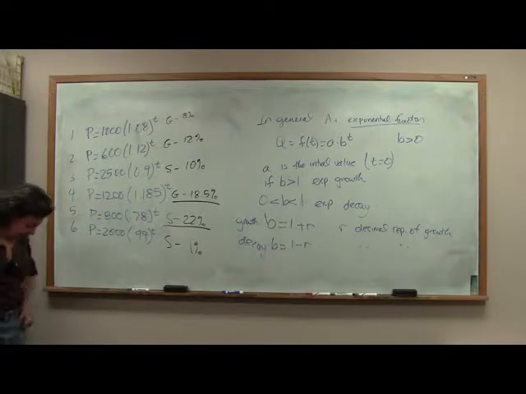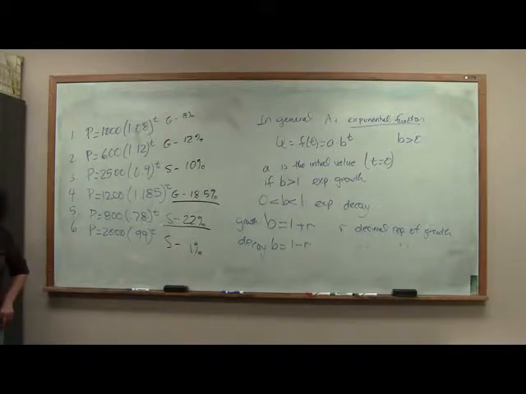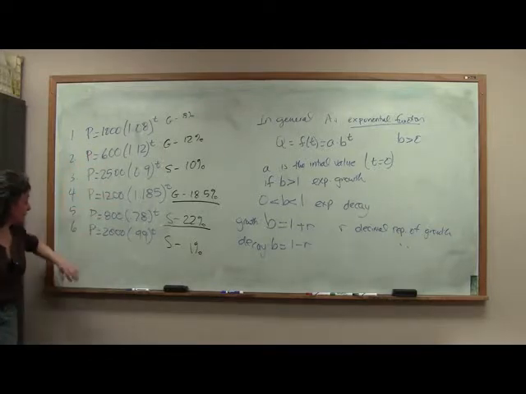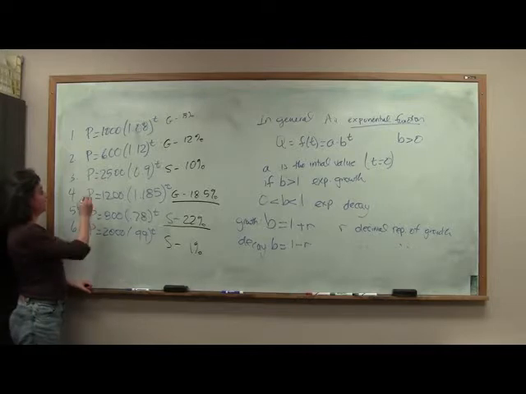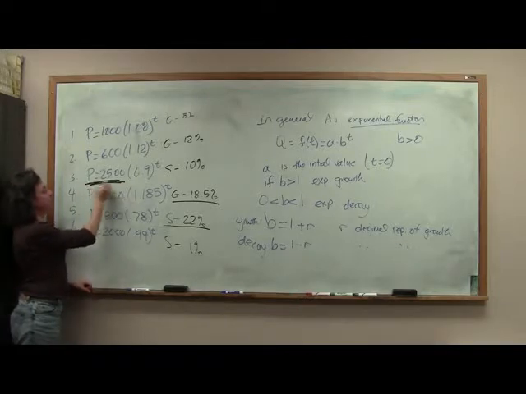Now, one other question I'm going to ask. I'm going to ask which town has the largest initial population and which town has the smallest initial population. Remember, your initial amount is the number in front. So I claim the town with the largest initial population is this guy.